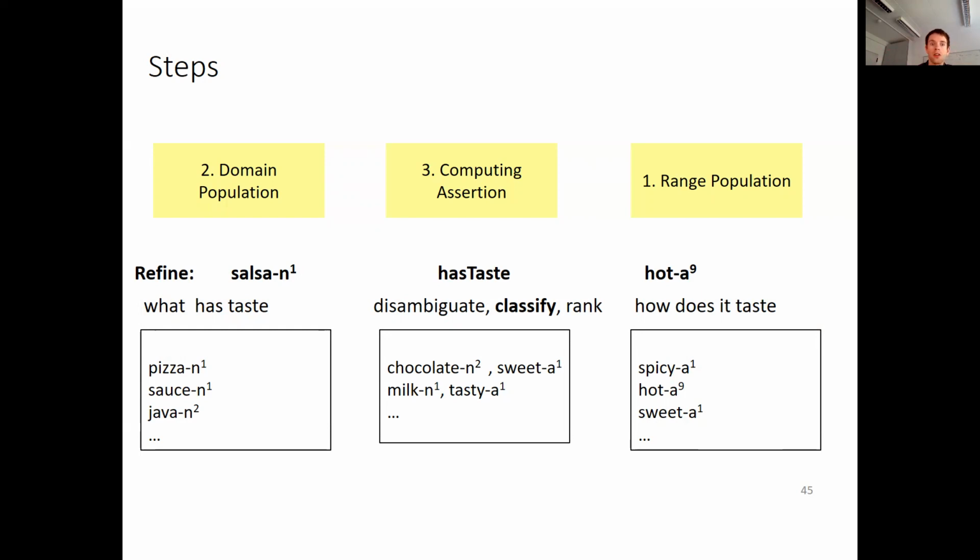Then we want to know what are the popular subjects that have a taste. So for example, pizza, sauce, Java, not the language and not the island, but the coffee. And then we want to compute the actual assertions. So that chocolate has taste sweet, that milk has taste tasty, and so on.